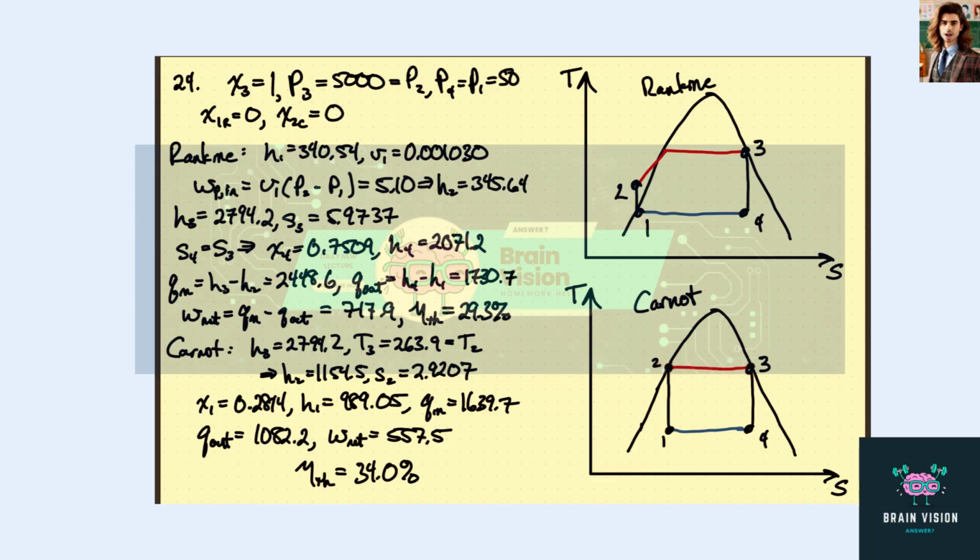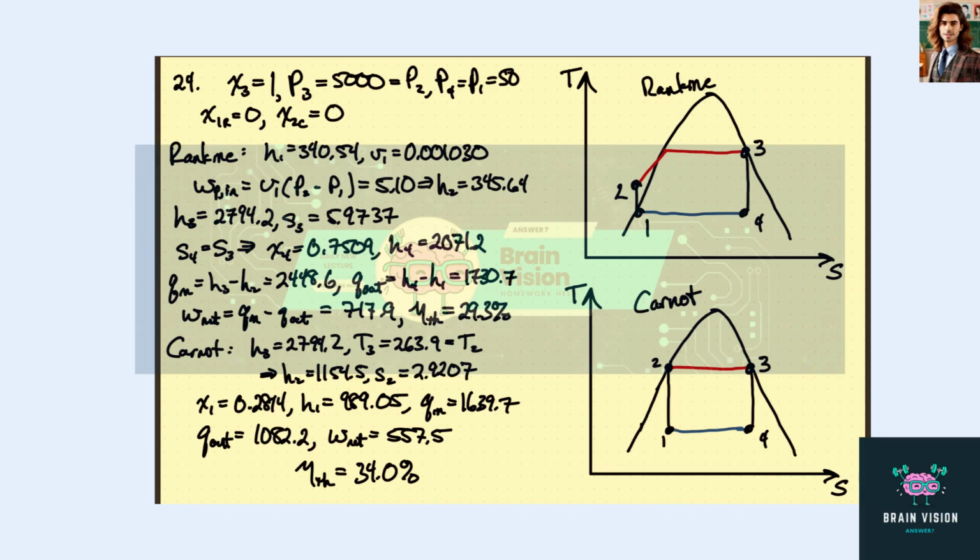So now that we know T2, we also know P2, so we can get H2 and S2. Then we know that S1 equals S2, so we can go back and get the quality factor there, which is 28.14%. And then we can get the enthalpy at H1.